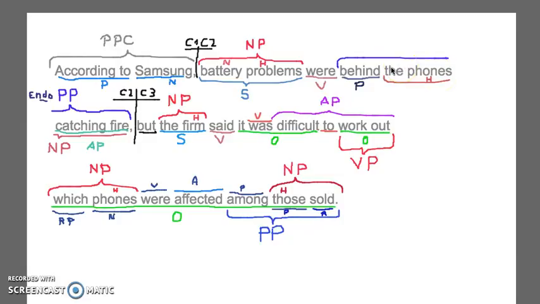In this prepositional and noun phrase, this is the determiner, and it's a central determiner. Catching fire inside this is an adjective phrase because it describes the situation of the phones.